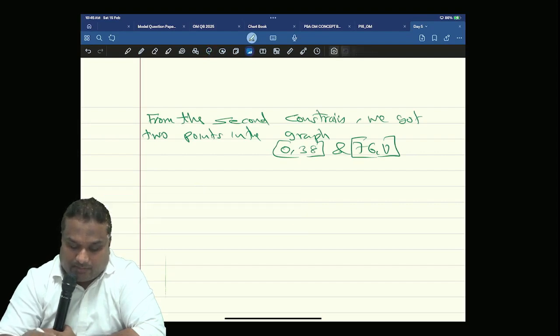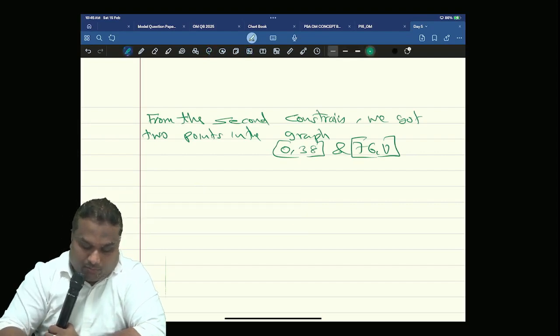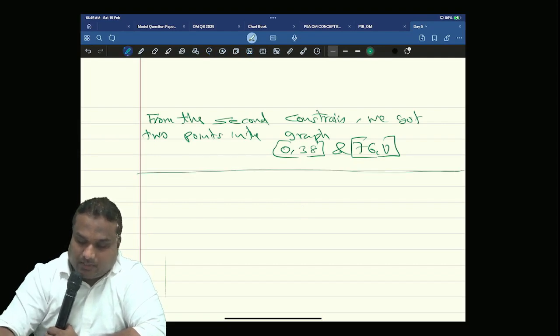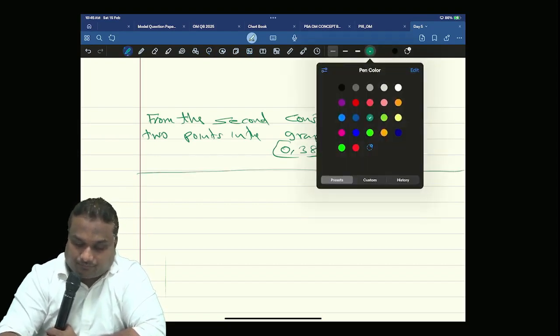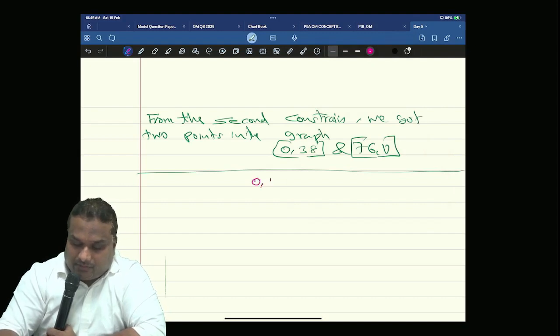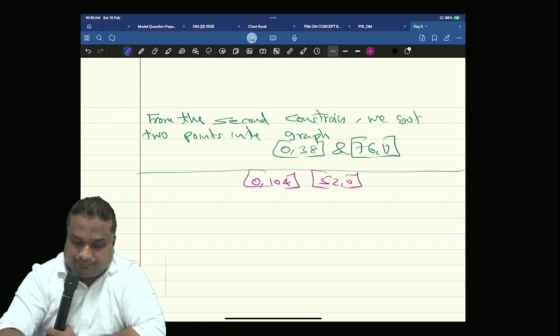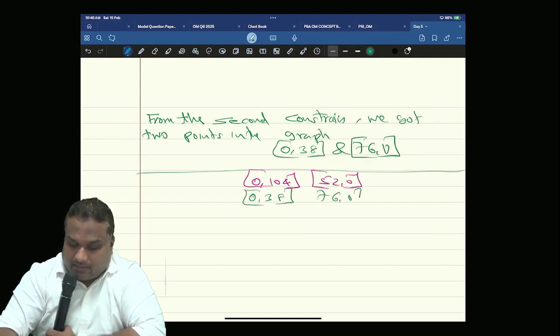What are the 2 points we got in the graph? First graph: 0, 104 and 52, 0. Second graph: 0, 38 and 76, 0. Correct?